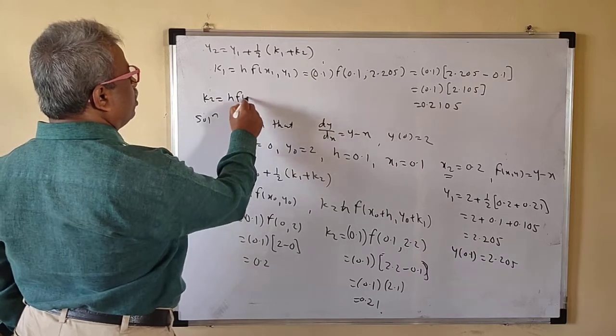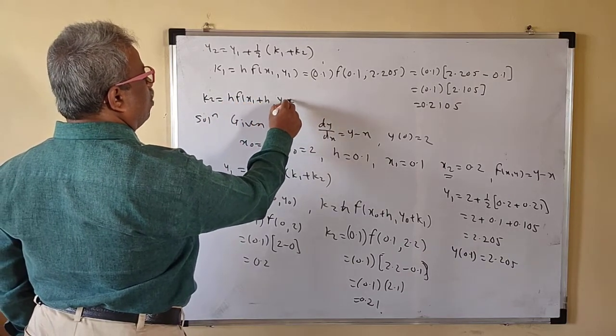Now k2 is equal to h f of x1 plus h, y1 plus k1.